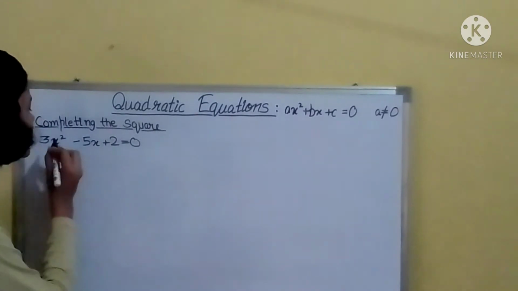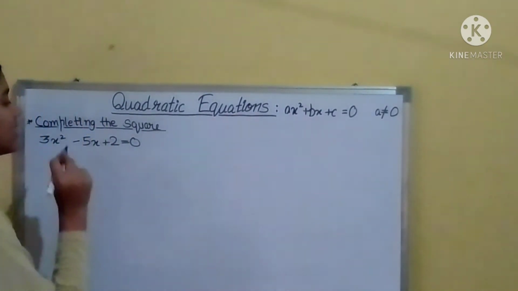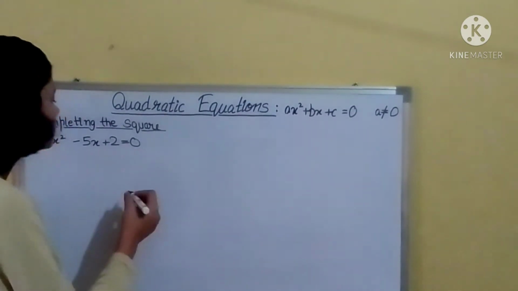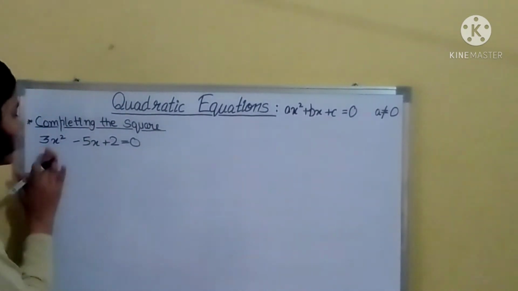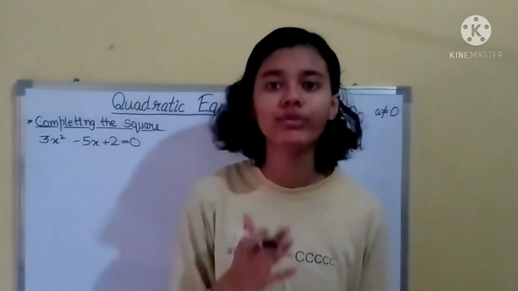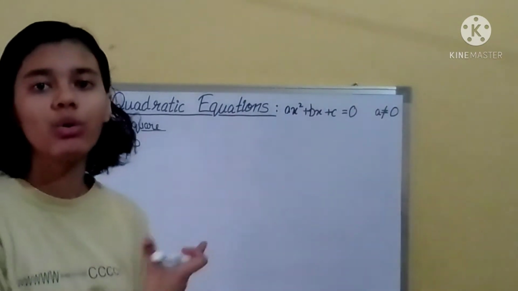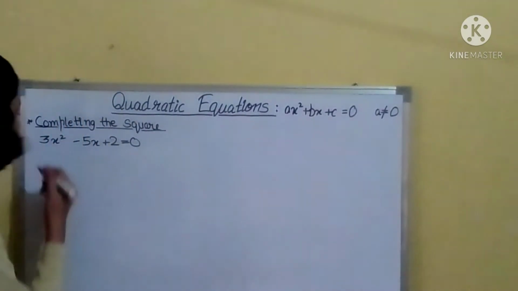See, here it is written 3x square minus 5x plus 2 is equal to 0. Now in this, the first step is to remove the coefficient of x square, and for that we have to divide the whole equation by 3.